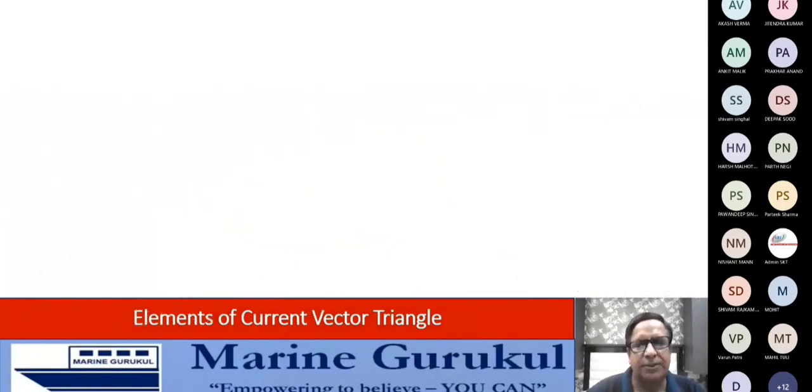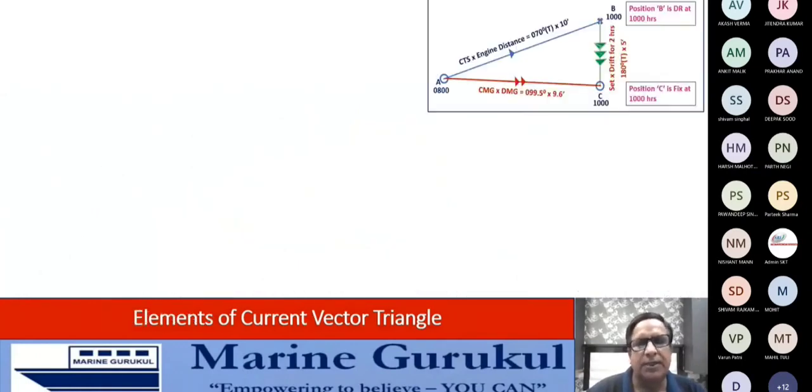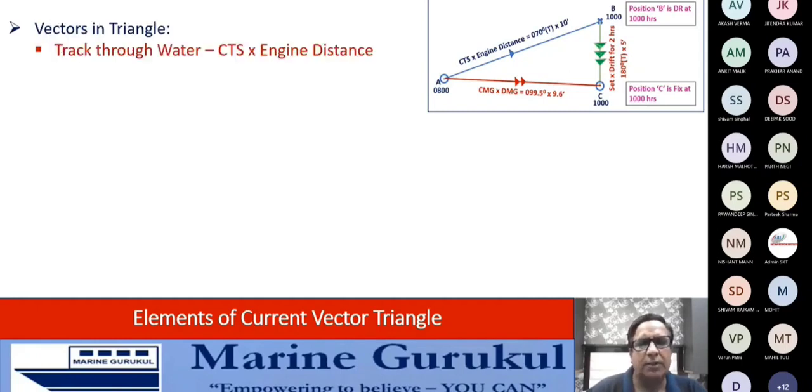Now let us appreciate the elements of the vector triangle, because a good understanding of the vector triangle will solve many of our problems. Let's review once again the 3 vectors involved in our vector triangle. The 3 vectors involved in our triangle are track through water, represented by CTS, and engine distance, which in this triangle is represented by AB.